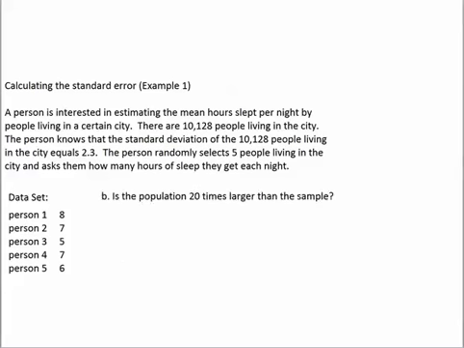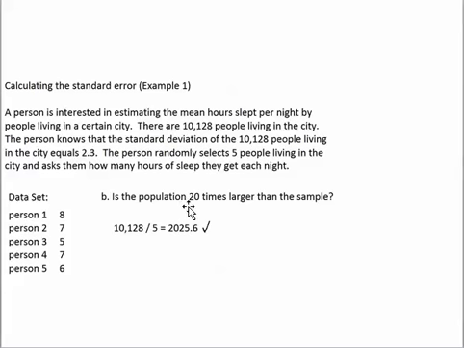But before we can get the standard error, we need to answer this question. Is the population 20 times larger than the sample? We can answer this question by dividing the population size by the sample size. If the answer comes out bigger than 20, then the answer is yes. The population is 20 times bigger. And it looks like the answer is yes right here.